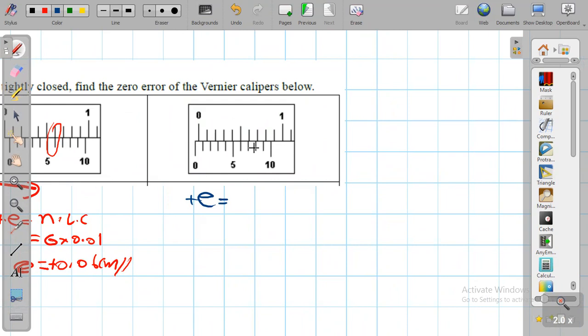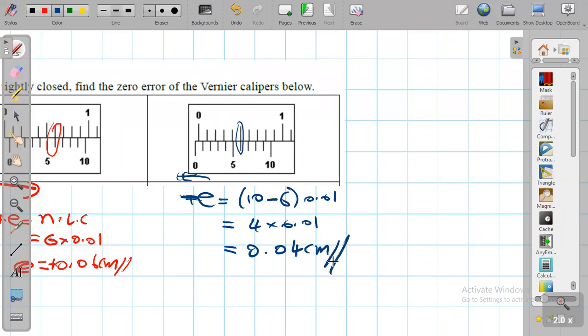Wait, it is a negative error because the direction is opposite. 6th line: 10 minus 6 times the least count of 0.01. The line is like 4 into 0.01. The answer is 0.04 centimeter. Got this point? Okay, understood?